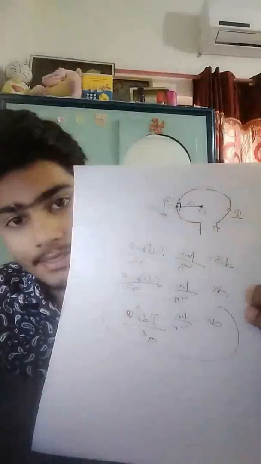But here the radius r we have denoted as a, so dB equals mu naught by 4 pi I dl sine theta by a square, keep looking at your notebooks. Now theta is 90 degrees, so sine 90 degrees means 1, and dB equals mu naught by 4 pi I dl by a square. This will be the value of the small flux density.